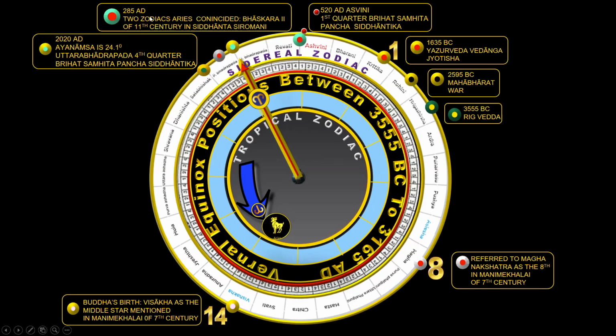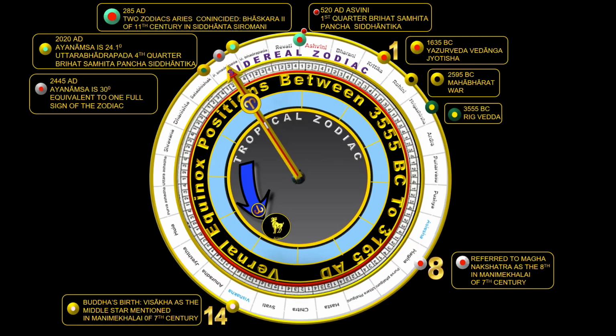In 285 they were coincident, and today in 2020 it has come to 24.1 degrees, or 24 degrees 7 minutes exactly as on date. And it slowly moves to the completion of Uttara Bhadrapada and enters into the Purva Bhadrapada area in 2445.